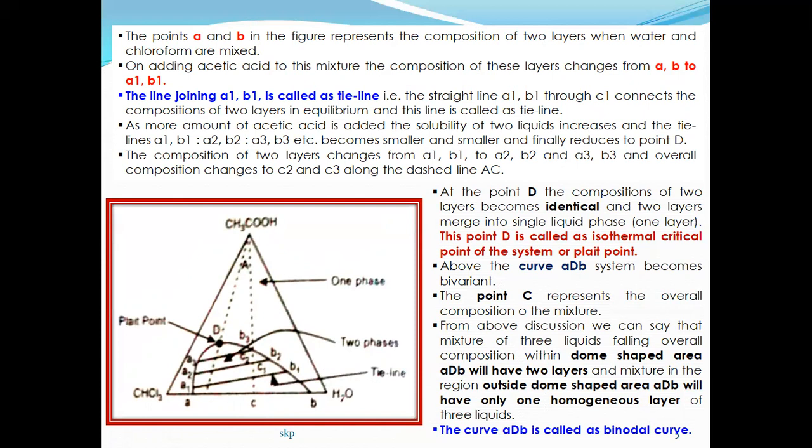As more acetic acid is added, the solubility of the two liquids increases and the tie lines A1B1, then A2B2 and A3B3 become smaller and smaller and finally reduce to point D. If we add chloroform into water or water into chloroform, at point A let us consider 10% chloroform and 90% water.